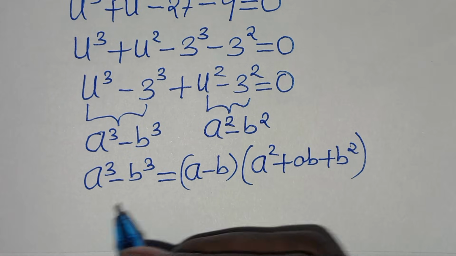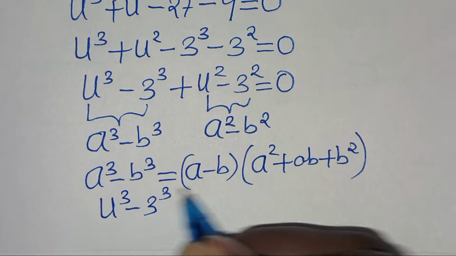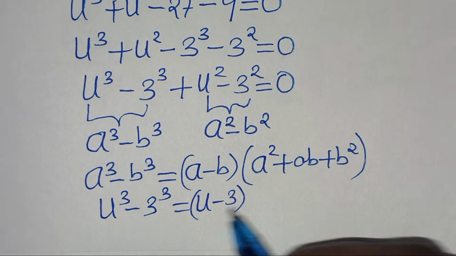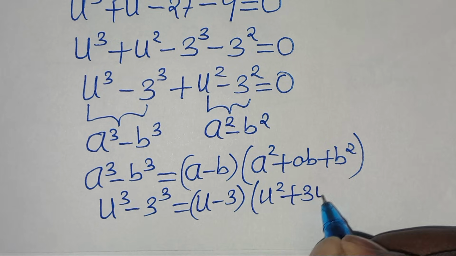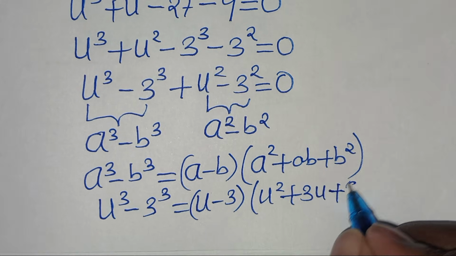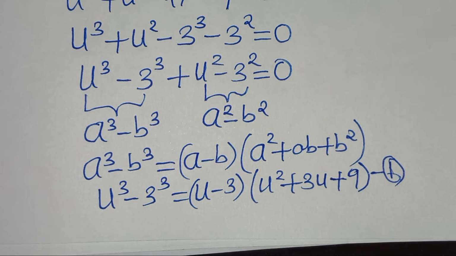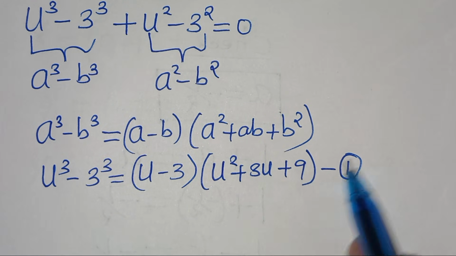So this implies that u to the power of 3 minus 3 to the power of 3 can be expressed as u minus 3 times u squared plus 3u plus 9. That is 3 squared, which is 9. Let's call this equation 1.